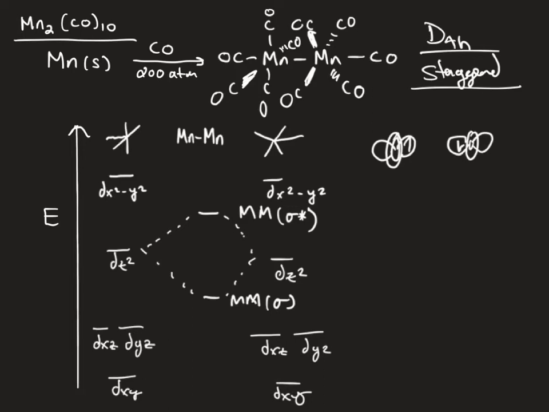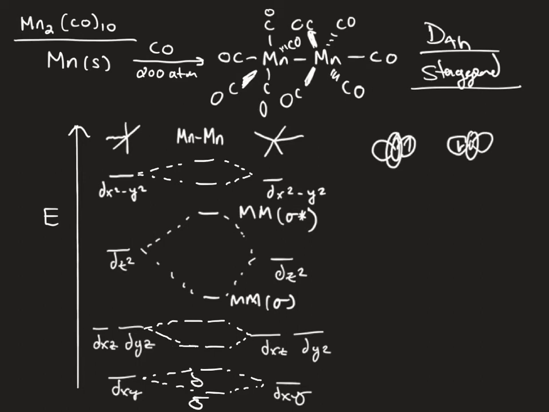So going through and doing these interactions, you have this for your delta star, your pi star, and then delta and delta star here.